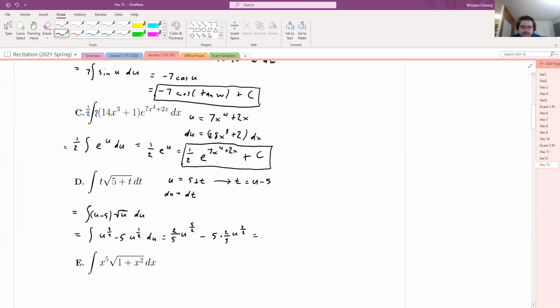And then we could back substitute. 2/5 times (5 plus t) to the 5/2 minus 10/3 times (5 plus t) to the 3/2 plus c.